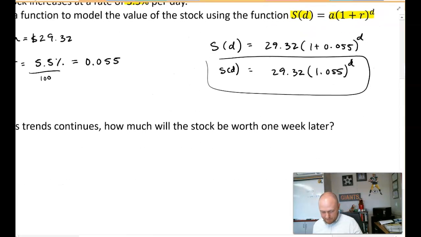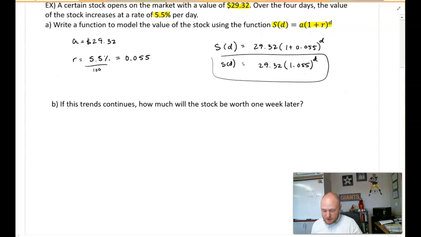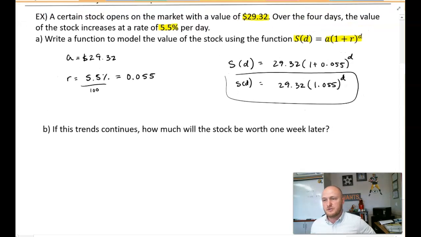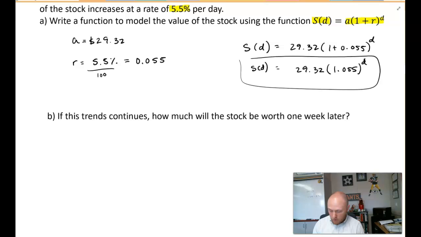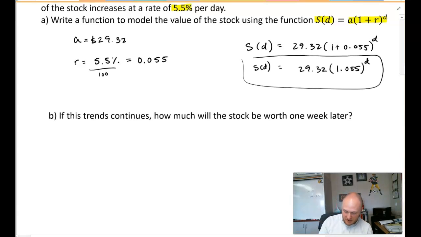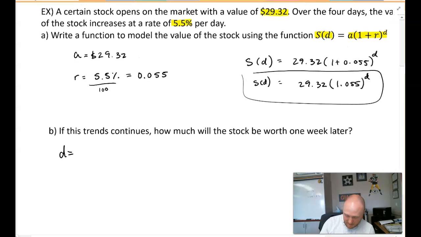Part B. It says if this trend continues over the next week or more, how much will the stock be worth 1 week later? Again, we need to find D. D is in days, so 1 week is the same thing as 7 days.